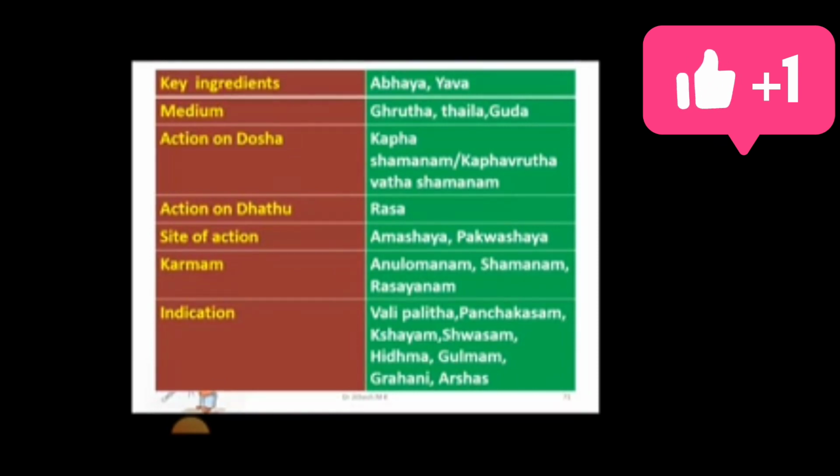Why is Yava included in this type of condition? Here Yava came as a chief ingredient. What could be the reason? Why did the Acharya include Yava, and why Ghrita, Taila and Guda? When we understand this reason, we will find the exact nature of the yoga.